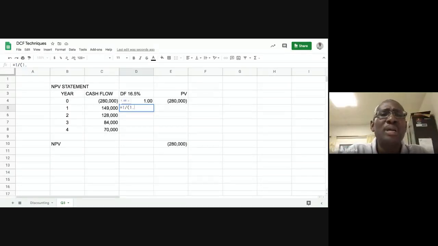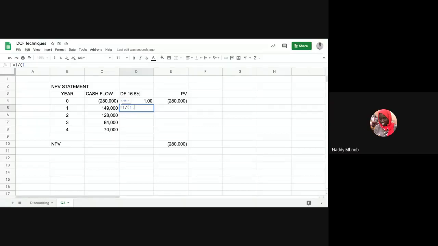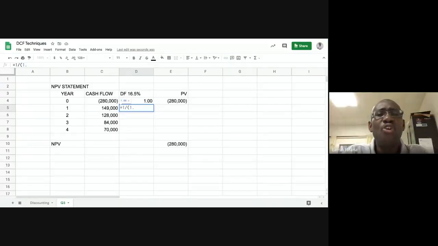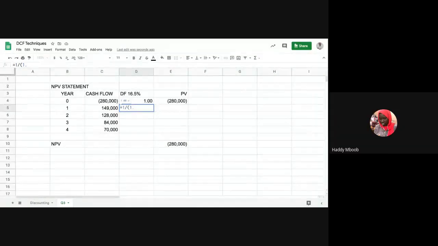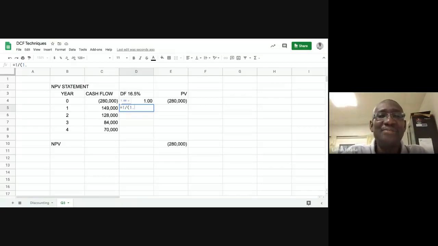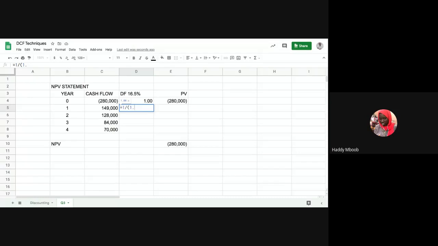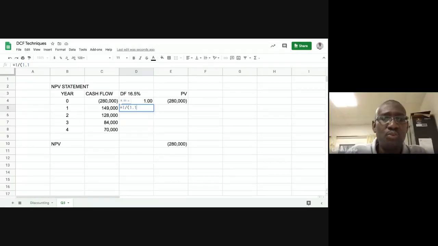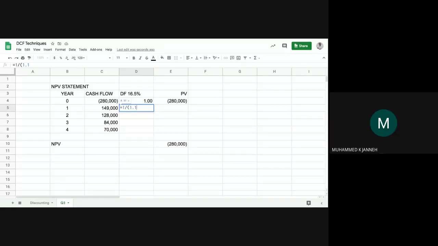Why 1.17? No, it's your answer that you should take to 2 decimal places. Oh, okay. Then my bad. I was doing it to 2 decimal places. That's fine. So it's 1.165 raised to power 1.